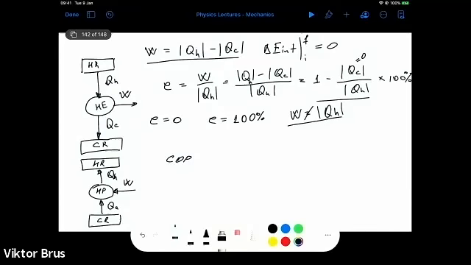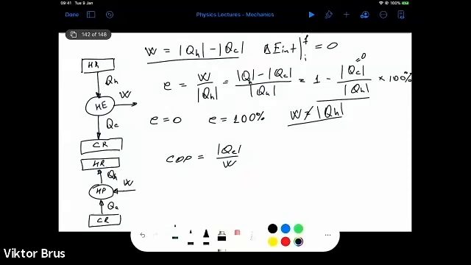So it depends how it works. For example, a refrigerator's main job is to cool down some closed volume. Then we consider COP for cooling, and that is QC divided by work. So this is the ratio between the energy which we took out from the cold system by heat, to the amount of work which had to be done to realize this.